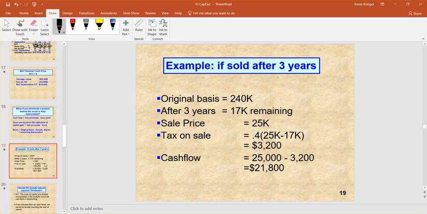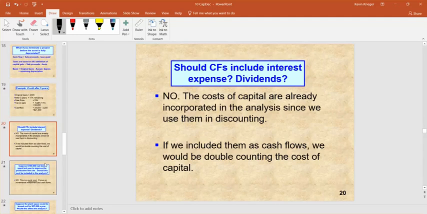We mentioned it with interest, but it's also the case with dividends. Financing costs are not deducted from the cash flow estimates. They're actually going to still impact a project. Like if you're deciding accept or reject on a project, you're still going to use financing effects, but increased financing would just make your cost of capital higher.